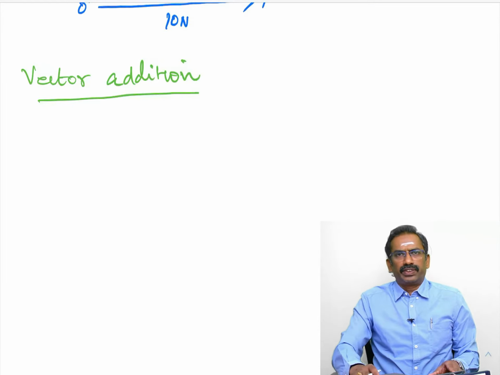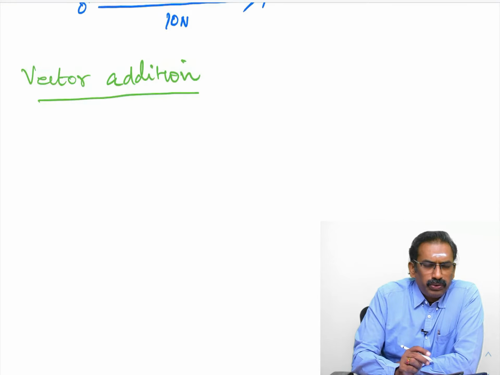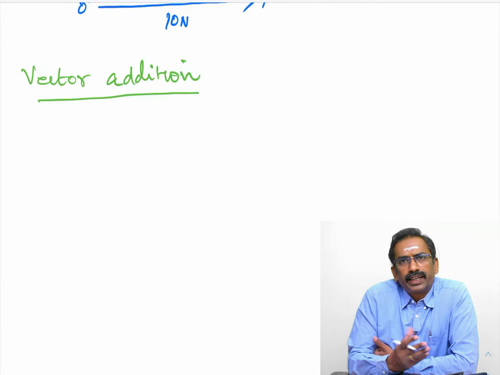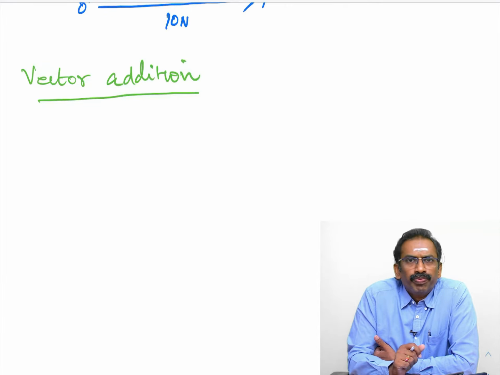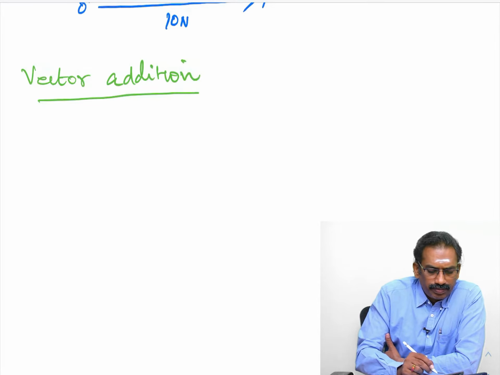Geometrical vector addition first we learn. 2 vectors we are going to take, A vector and B vector. Both are acting at a point, say O, at an angle theta. This is the representation of these 2 vectors.